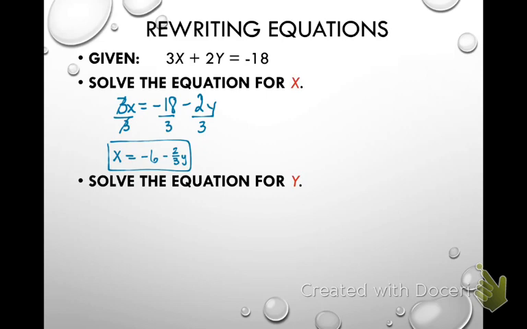What if I do the same thing for y? What's going to be the first step? What do I need to move? Or what do I need to get rid of or add or subtract? The 3x, right? So in this case, I would have 2y equals negative 18 minus 3x.